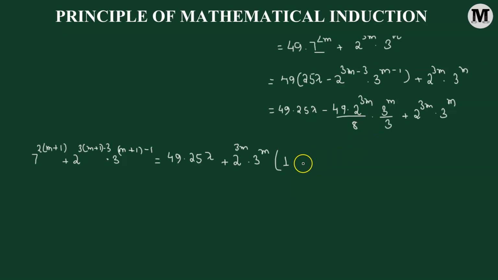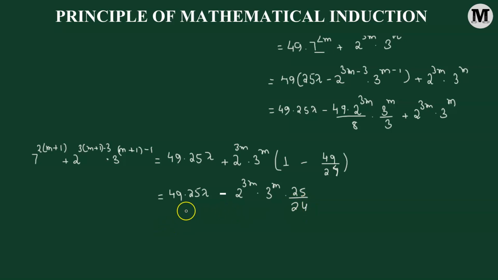And from the second term, we are now left with 49 over 24. Fine. Now, we have 49 multiplied to 25 times lambda minus 2 raised to the power of 3m times 3 raised to the power of m, 25 over 24.